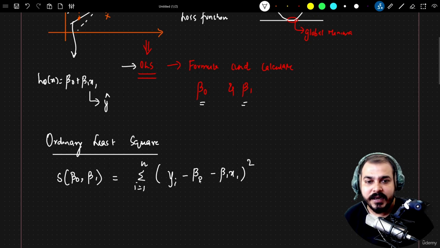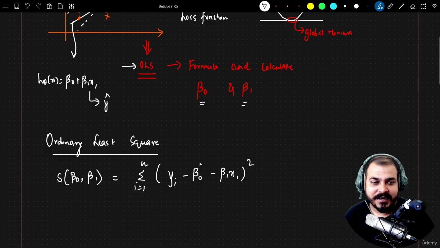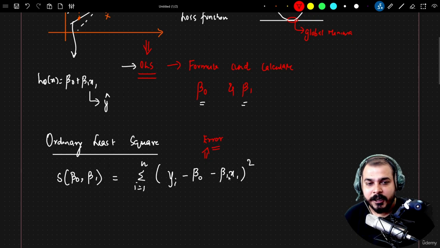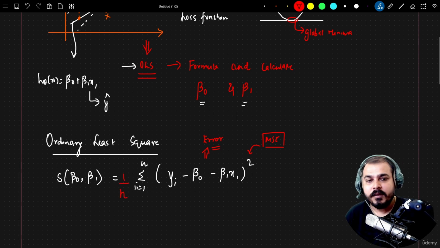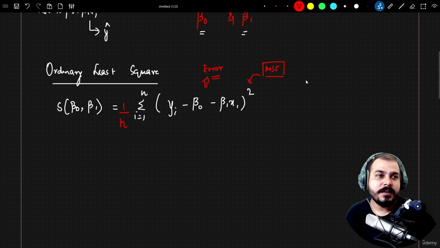Here I'm trying to reduce the error. My aim is that this difference I'm getting is basically the error, and I'm going to reduce this specific error. Obviously this looks like a mean squared error formula itself, so OLS by default, I think, uses mean squared error. If I try to find the average, it will be divided by n, so 1 by n multiplied by this.